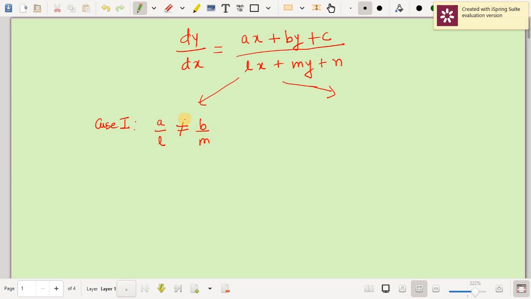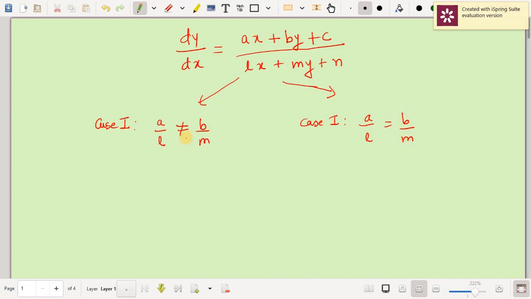Basically, the coefficient of x in the numerator upon the coefficient of x in the denominator is not equal to the coefficient of y in the numerator by the coefficient of y in the denominator. In the other case, we take the negation of that: a by l is equal to b by m.